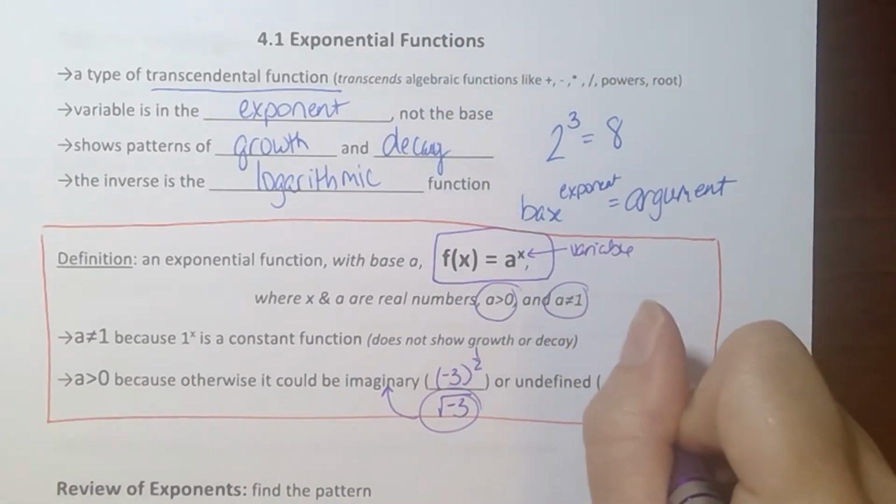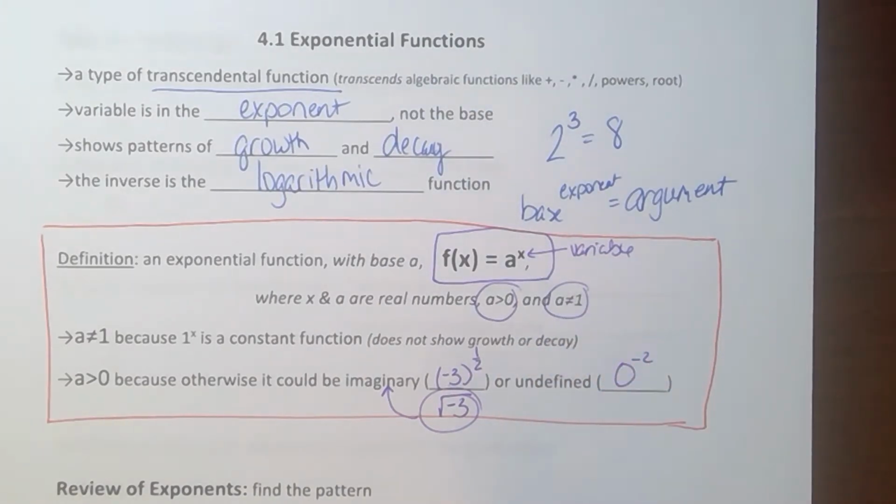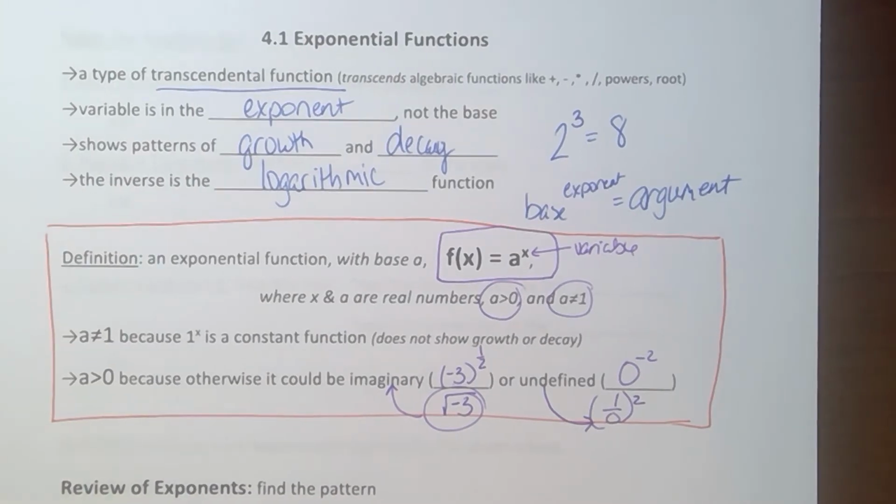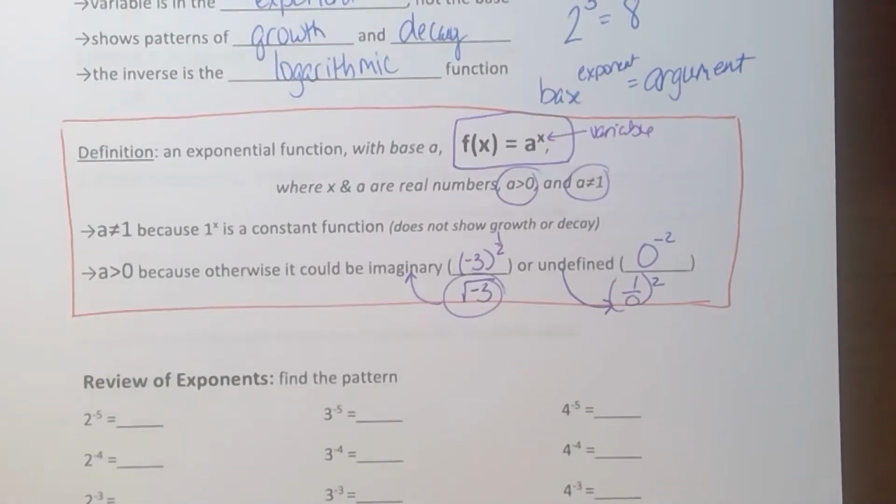If it's 0, for example, 0 to the negative 2, that negative tells me to take my base to the denominator. 1 over 0, anything over 0 is undefined. So we restrict our base, our value of a, to positive values that are not 1. Positive values other than 1.